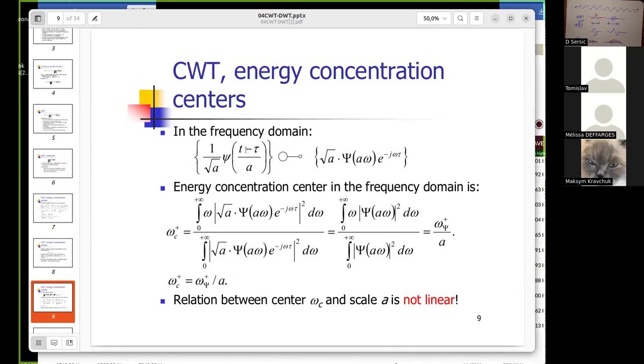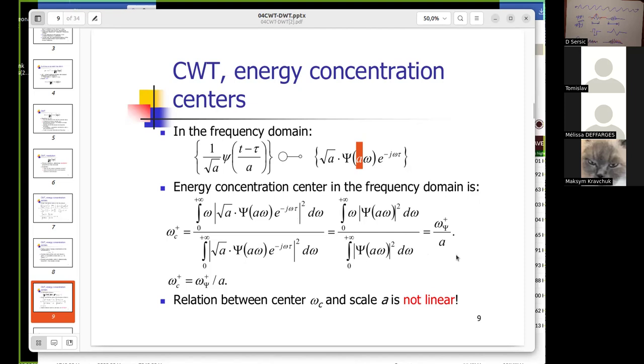Right now, the shift in the time domain corresponds to an exponential part in the frequency domain. Scale in the time domain is reversely proportional to the frequency in the frequency domain. And when you do all the calculation, you will see that this constant is also reversed. So right now we are calculating where we are in the frequency domain, and you will see that the relation is definitely not linear.